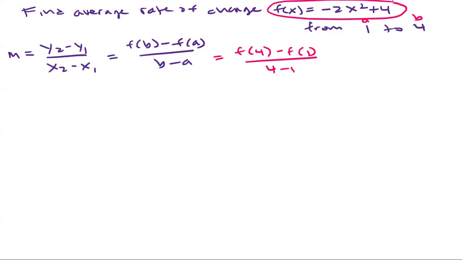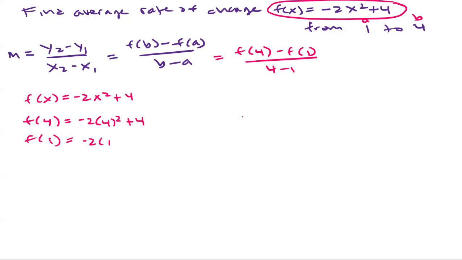So we have f of x is equal to negative 2x squared plus 4, and we're going to plug in f of 4, and then f of 1. For f of 4, we have negative 2 times 4 squared plus 4, and for f of 1, we have negative 2 times 1 squared plus 4.